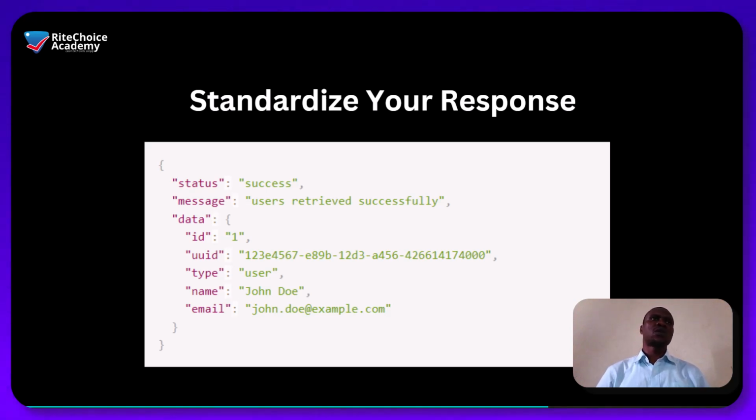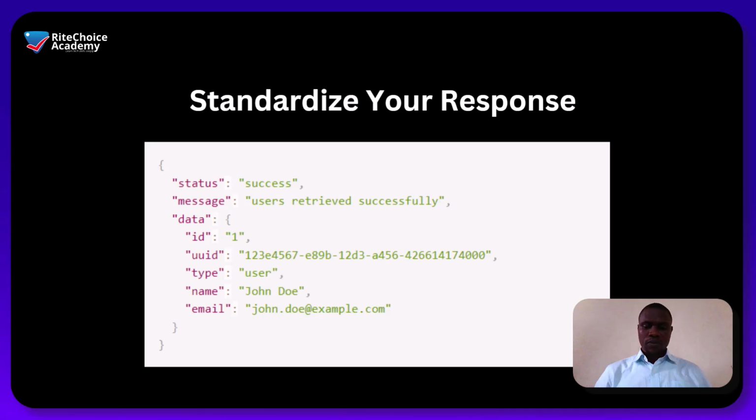We have JSON API, you can follow that, or you can just use your own. You can see the example on the screen here, the record we're having. We have status, we have message, we have data, that is a key holding the data itself. So you need to find a way to make sure that your responses are predictable.